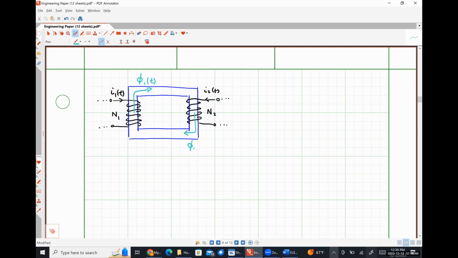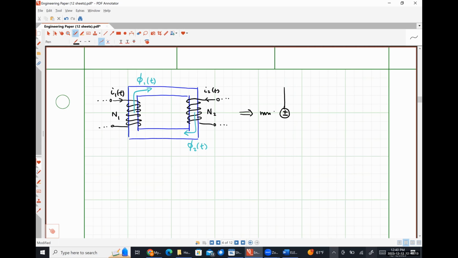So we now have two fluxes traveling around our circuit. And in this particular case, they're both traveling in the same direction, which is going to make our life a little bit easier because everything's going to have positive signs. So if I were to represent this as a magnetic circuit, it would look something like this.